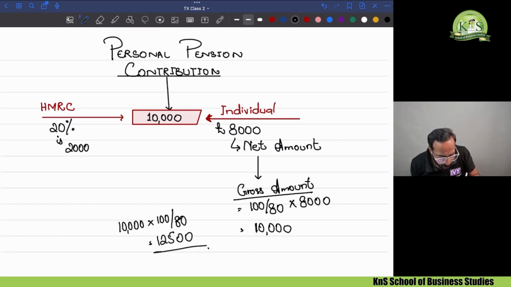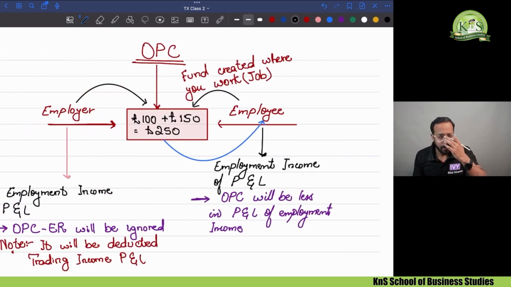It means 2,500 is from the pocket of HMRC, because HMRC is promoting you to open a personal pension fund. HMRC is giving you 20% from its pocket. That's the one benefit you are having, because HMRC wants to encourage these kinds of institutes. Got it? Now, we have further benefits as well of personal pension contribution.